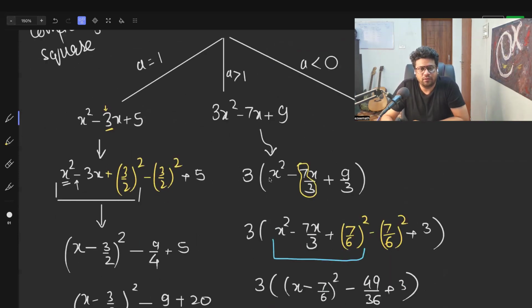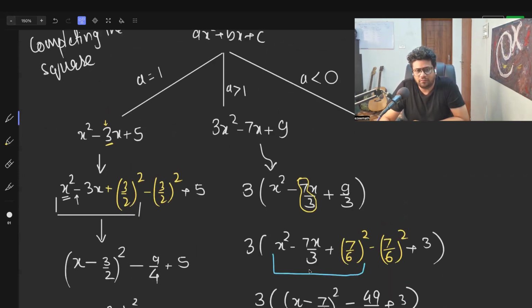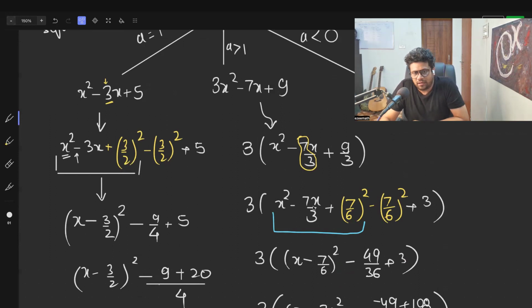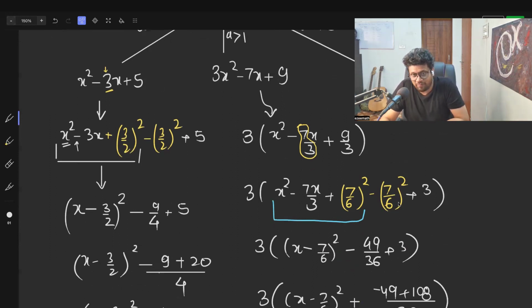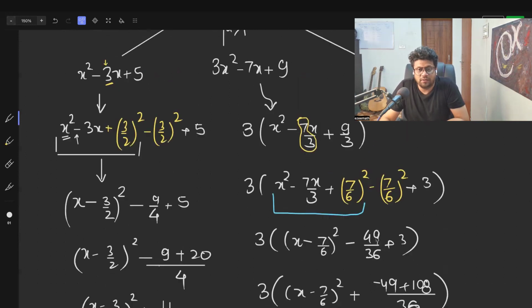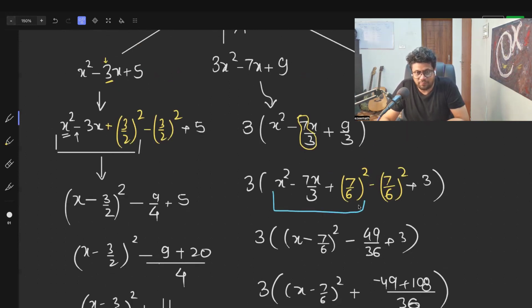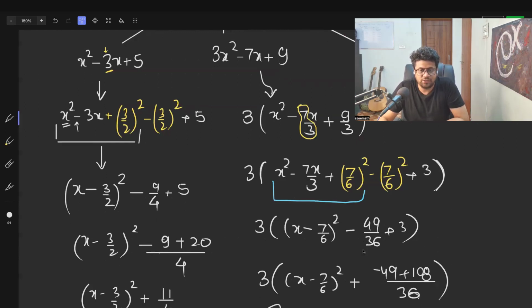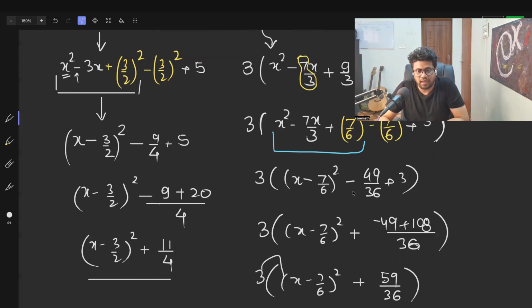I'll repeat. Take a 3 out common. Introduce the half of 7 by 3 squared minus 7 by 6 squared. Reduce the first 3 terms inside the bracket. These brackets are important, remember. And then reduce the first 3 terms to a square like this.